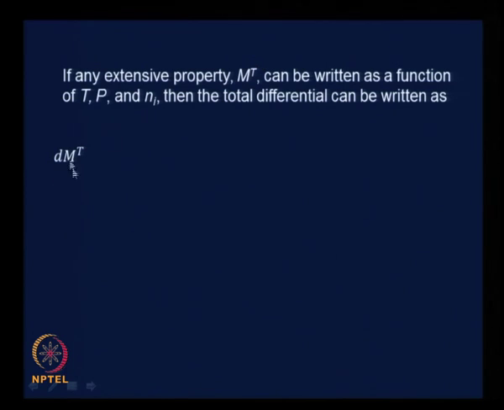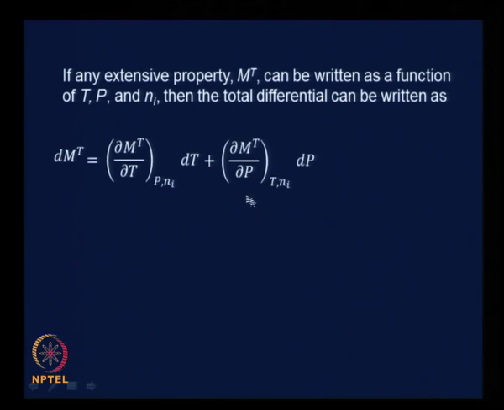Therefore, since this is a state function, you could write the total differential dMᵗ equals ∂Mᵗ/∂T at constant P, Nᵢ dT plus ∂Mᵗ/∂P at constant T, Nᵢ dP plus summation over ∂Mᵗ/∂Nᵢ at constant T, P and Nⱼ.